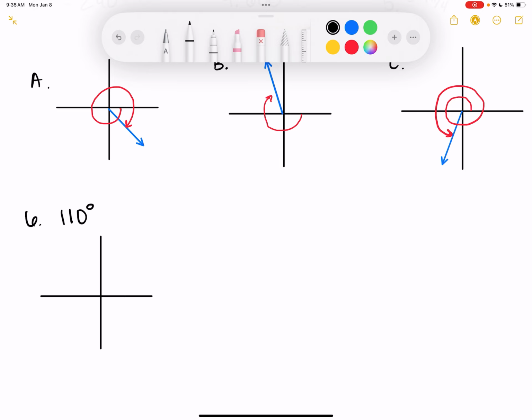No, but I can figure out approximately where it is based off what I do know. 110 degrees is positive, so I'm going to start going up and around. I know that from here to here is 90, so I need to go just 20 degrees past that. I'm not going to get a little protractor out and wonder if it's exactly 110. I don't care. Just don't draw it way off over here somewhere.